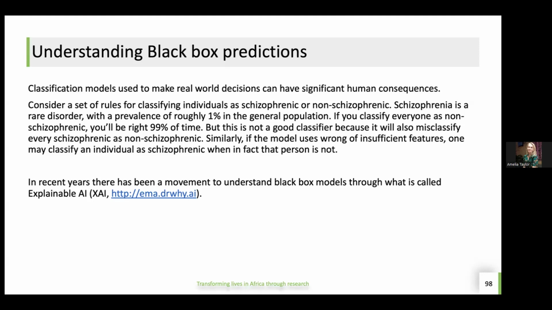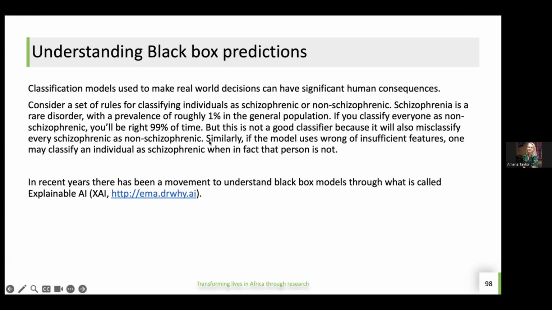Most of the time it will be correct. But if you build a classifier, it's not going to be that good if your classifier can't do better than a random guess. And we looked at some measures that were trying to ascertain the accuracy of a model in comparison to a random guess. So it's not a good thing to have a classifier that misses schizophrenic people, because those can be dangerous.